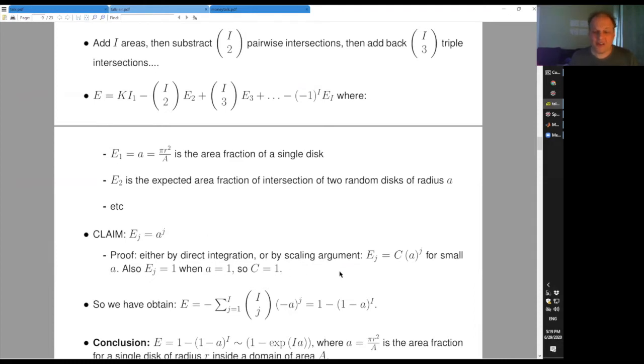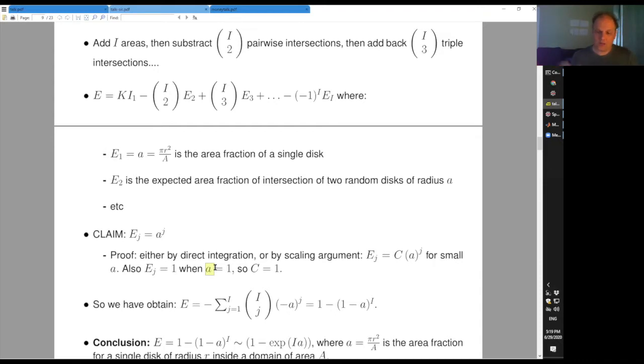We can verify this by integration, but you can also use a scaling argument. By taking A to be very small, it's easy to see that Ej should be some constant times A to the j, at least for small A. And also Ej should be equal to 1 when A is all of the domain.